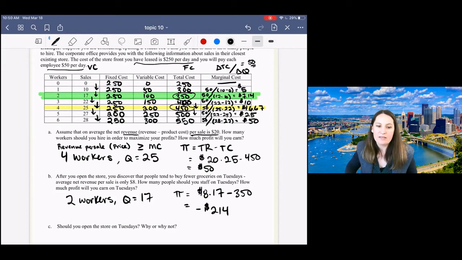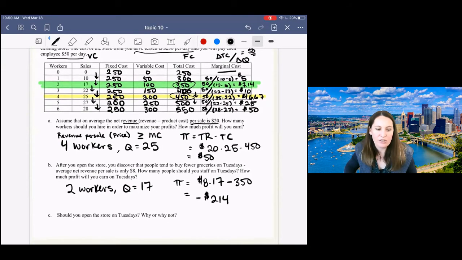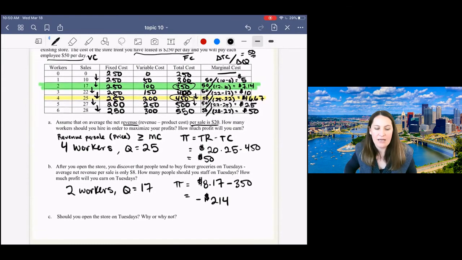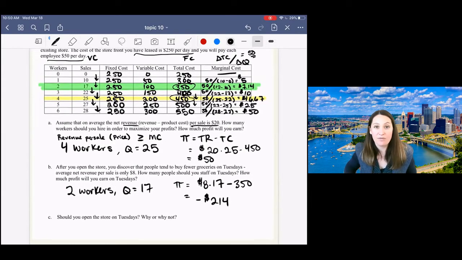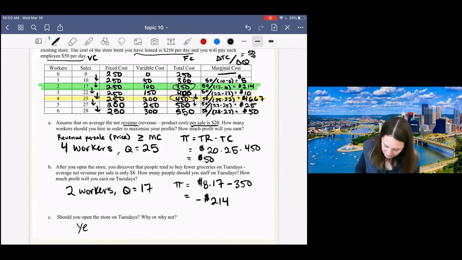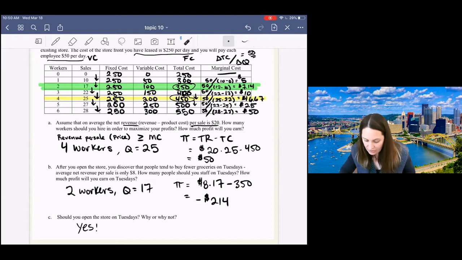Should you open the store on Tuesday? That's the question. Should you open the store on Tuesday, even though you're earning negative profits? And the answer is yes. Yes, you should open the store on Tuesday. Your table here is not going to lie to you, okay?